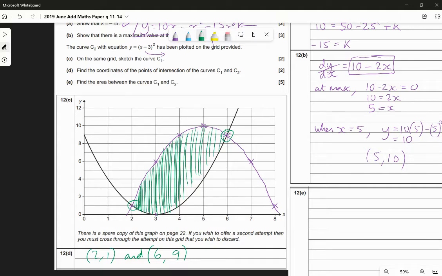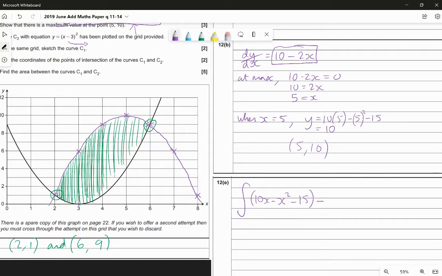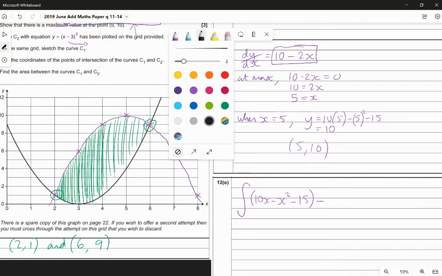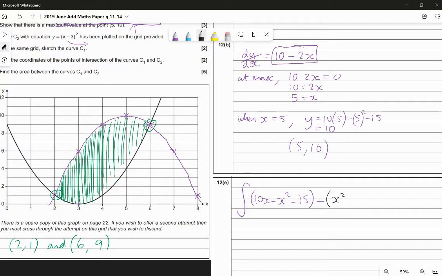So the area between two curves is in effect the integral, the sum of the top curve, so that's my 10x minus x squared minus 15, subtract the bottom curve. This time, let's just change the color. The other curve was x minus 3 all squared, and I'm just going to expand that to x squared minus 6x plus 9, with respect to x.